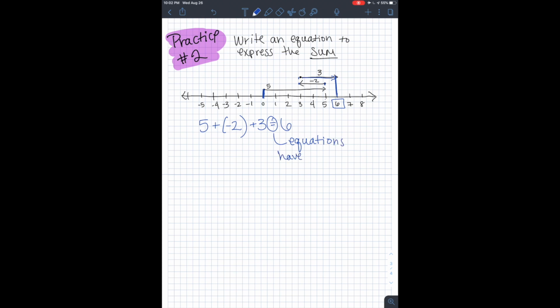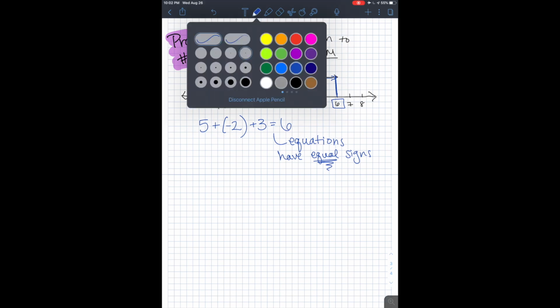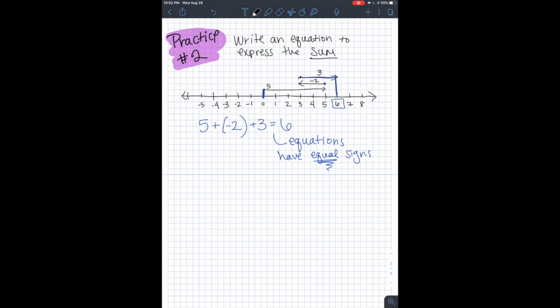And it's not just 5 plus -2 plus 3, because equations have equal signs. Okay? So this whole thing, the 5 plus -2 plus 3 equals 6, that is our equation that represents the drawings on the number line, okay?